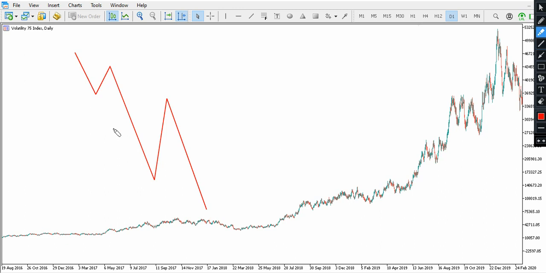We have a high here, and then we have a low, and then we have a high again, and then we have a lower low here. Why lower low? Simply because of the break of market structure here. So this is a lower low simply because of the break of market structure.